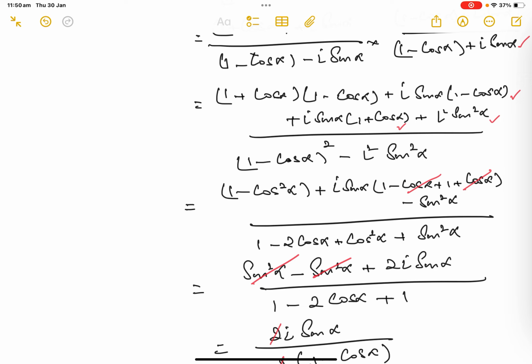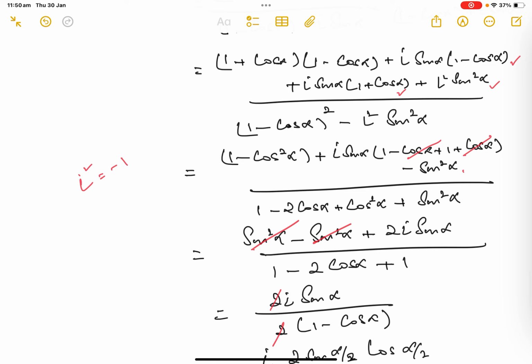And i squared equals minus 1, so the i squared sin squared alpha terms become just sin squared alpha. The denominator expands as 1 minus 2 cos alpha plus cos squared alpha, and since i squared is minus 1, plus sin squared alpha.